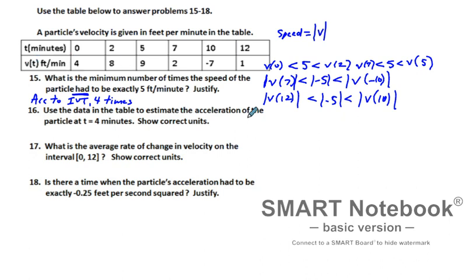We can't find exactly what acceleration is with this table. The table is to estimate. So that's going to be according to A prime equals f of b minus f of a over b minus a.